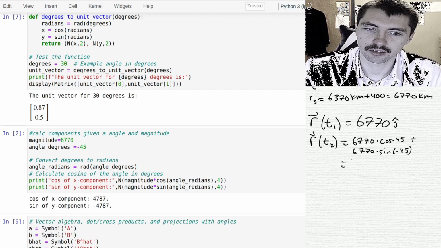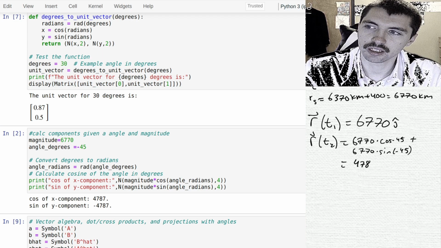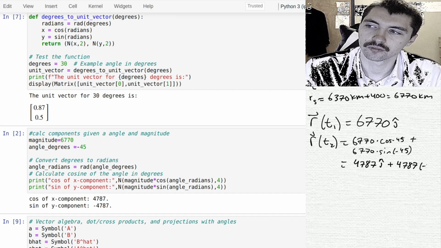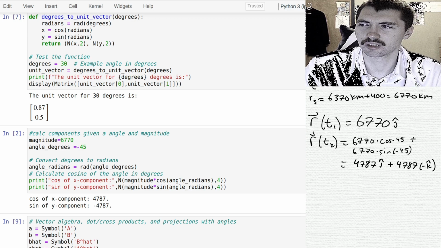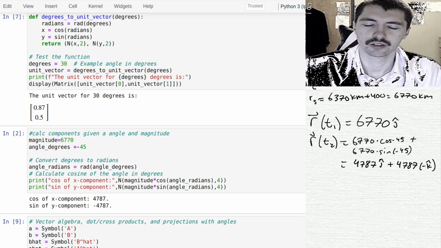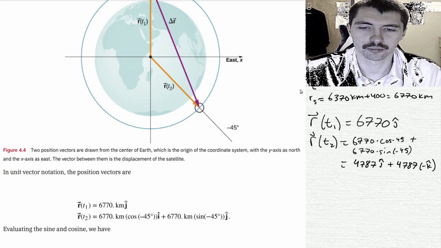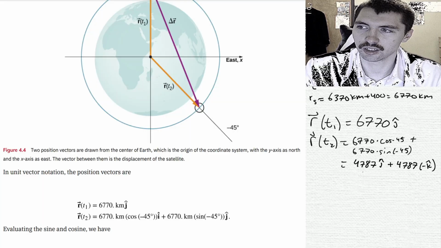So I'm getting 4787 J plus, or is it -I? Let's see. Okay, so it is J.